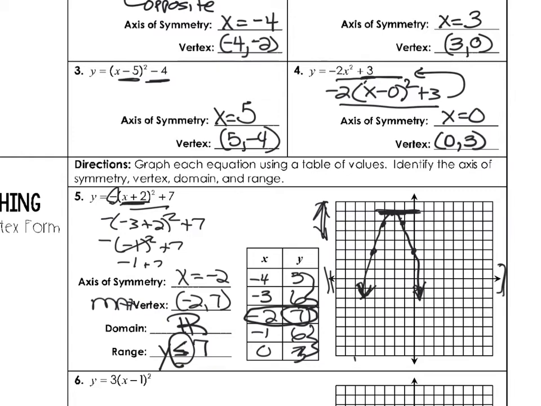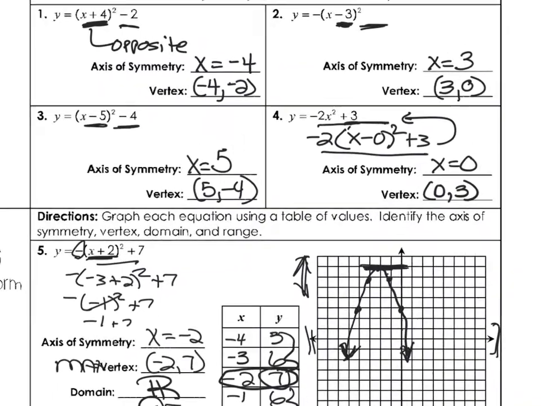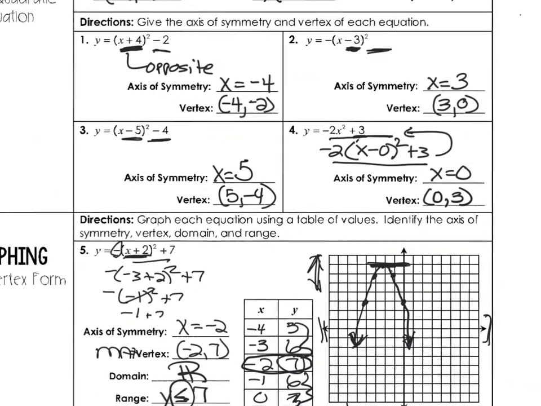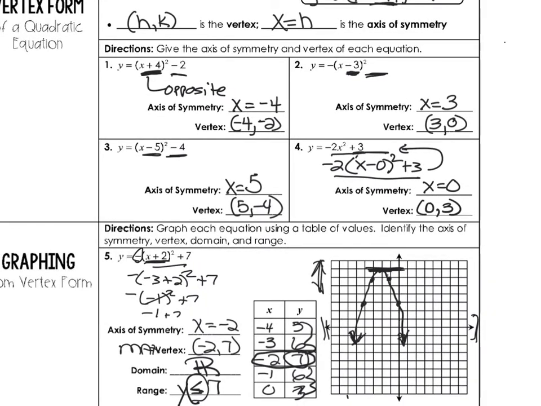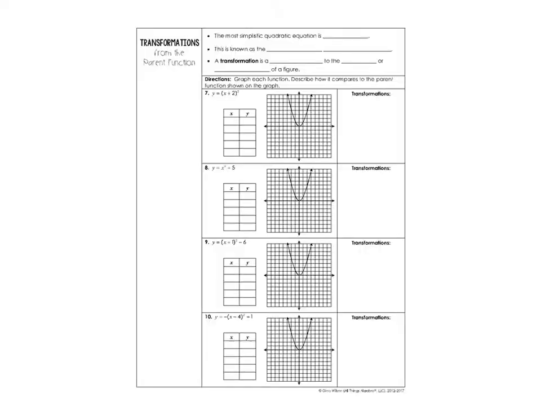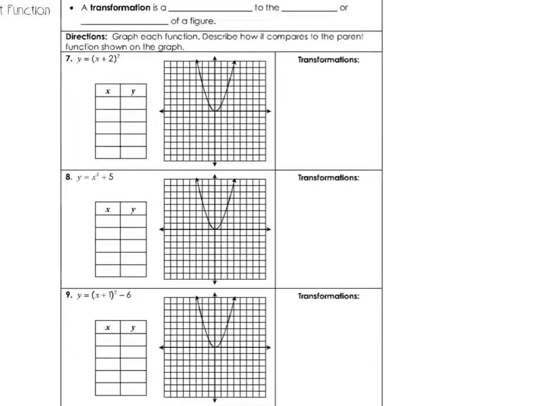Okay, just common sense if you think about which way the graph is going. All right, so that's a review of what we were talking about yesterday, graphing in vertex form and how vertex form works. Let's look at transformations.